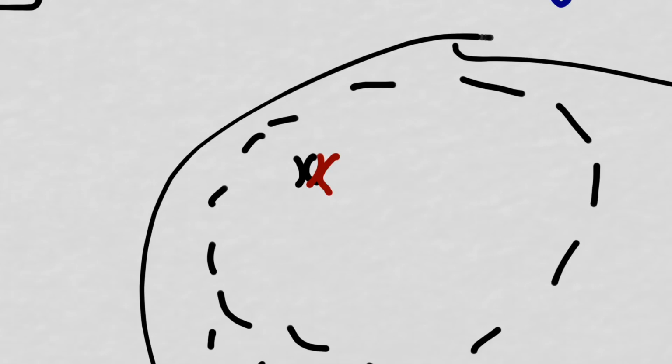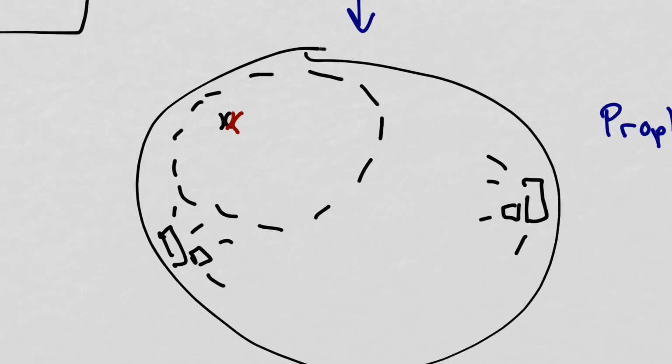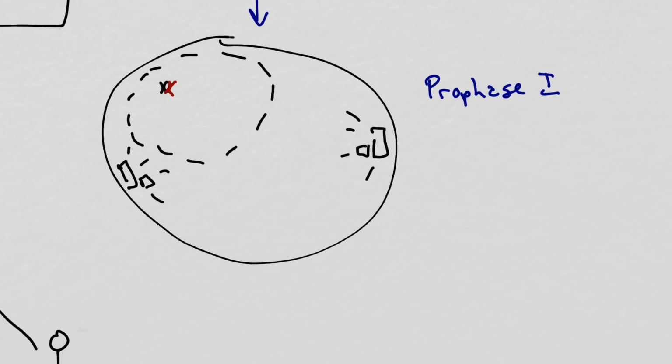This is really, really, really important. That pairing up right there, where one overlaps the other one, is called crossing over. And in crossing over, some of the DNA from one of the chromosomes actually loops in and joins with some of the DNA from the other chromosome.